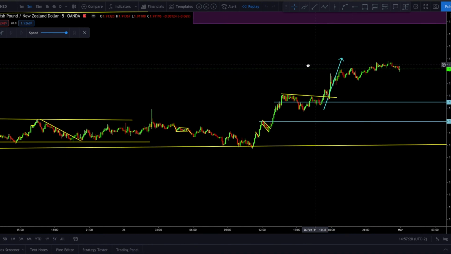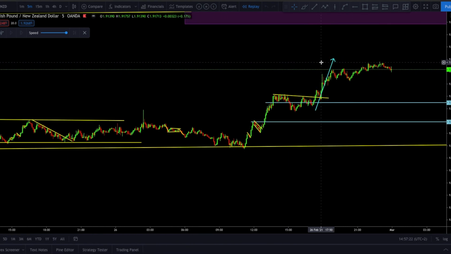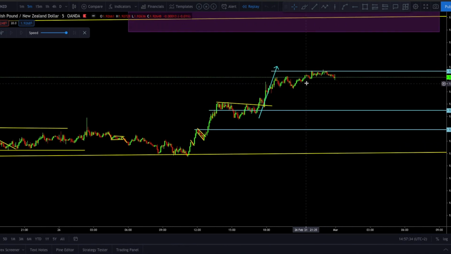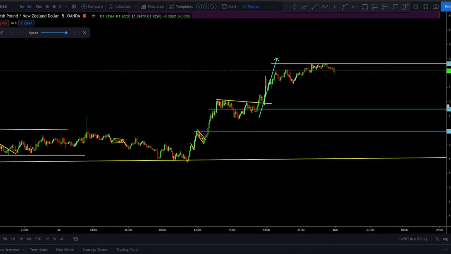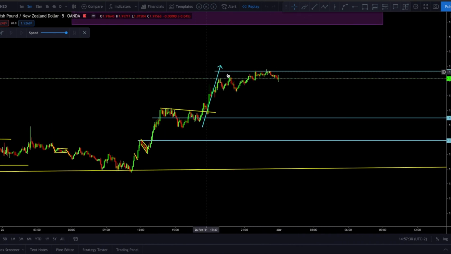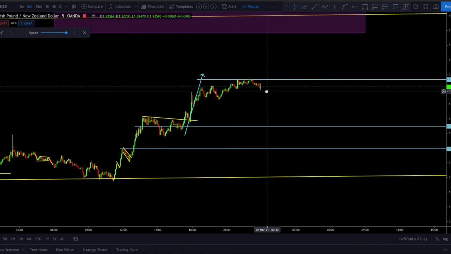It didn't hit our take profits, but yeah, hence why I said sometimes you don't need to put it exactly there. You just need to put it a little bit short, so that you make sure you are banking on these small movements.